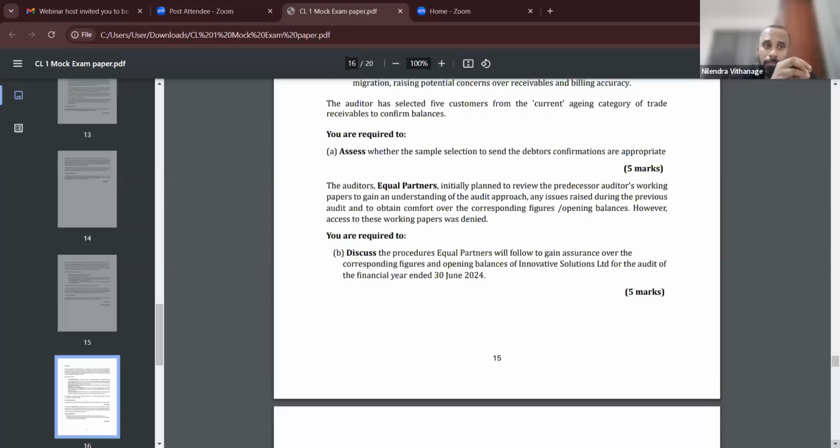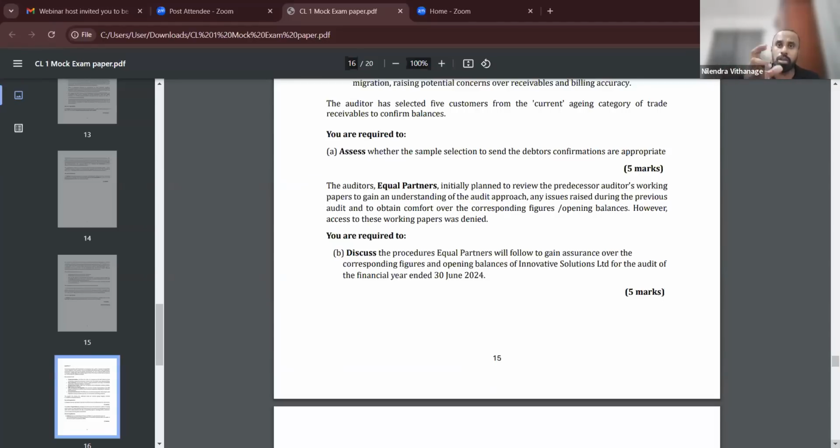Try to perform audit procedures on the corresponding figures and opening balances. Sometimes, students, for certain figures you can do a rollback. For inventory, maybe receivables, you can do a rollback calculation, a backward calculation, and review them. For opening balances, perform a rollback calculation using GRNs, goods received notes, and purchase orders.